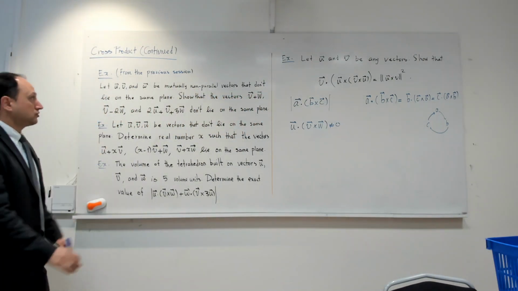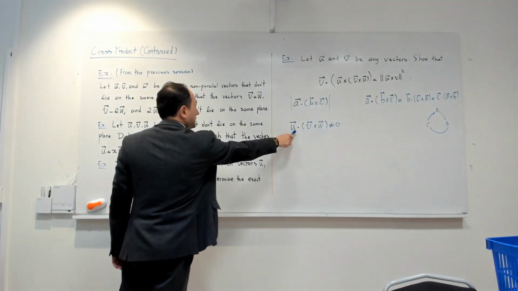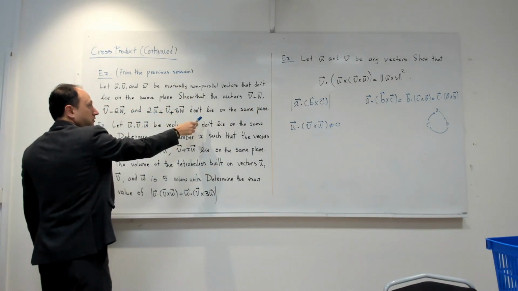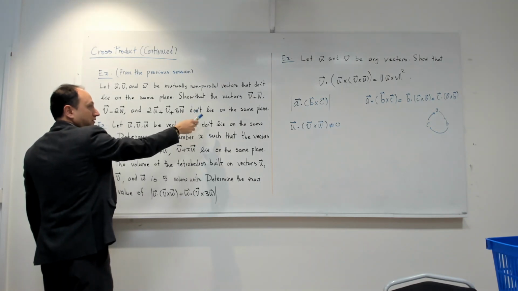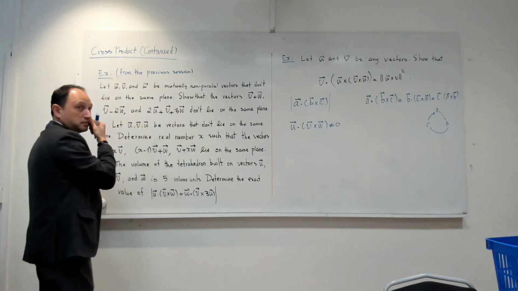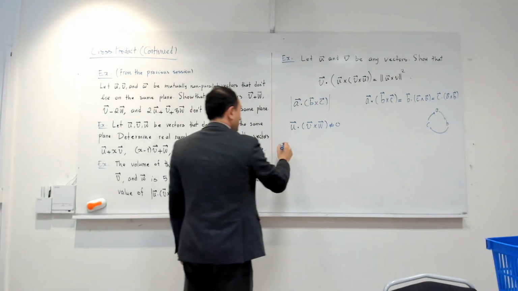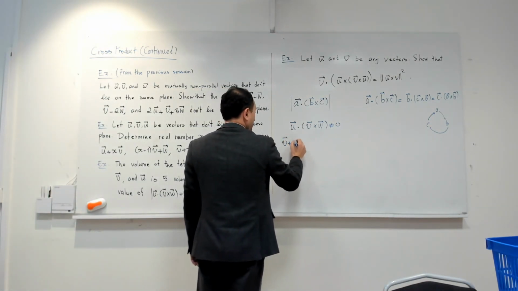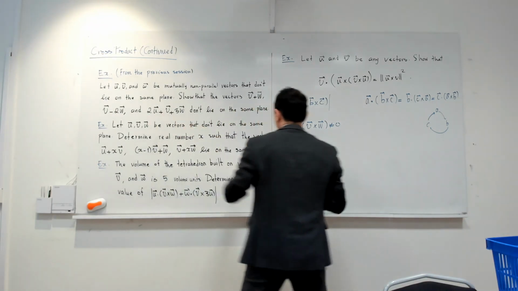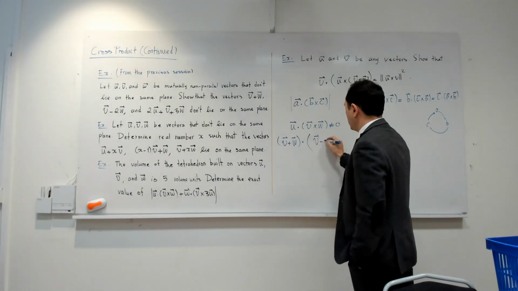And then we want to show that based on this assumption, these three new vectors don't lie on the same plane. So what should I do? I need to calculate the triple product of these three new vectors, yes? So I have to construct V plus W dot the cross product of the second one with the third one.